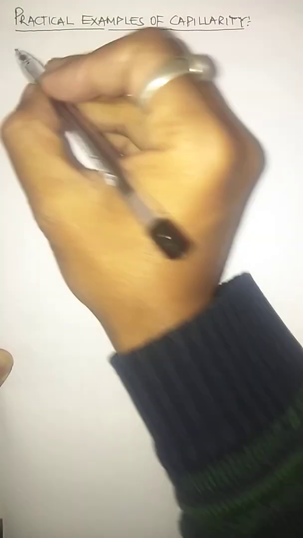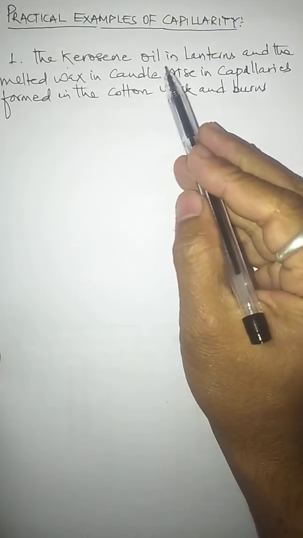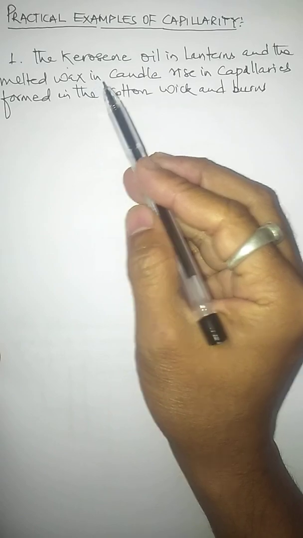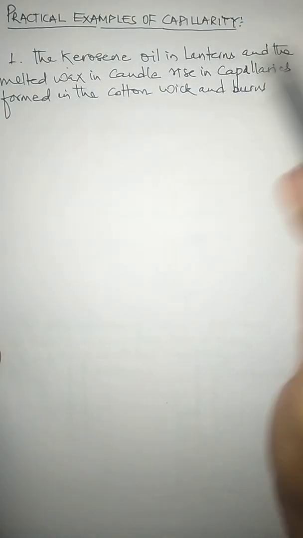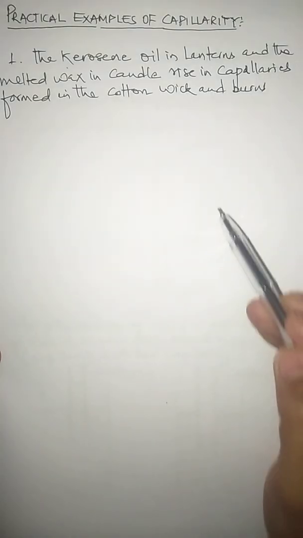Now in daily life we see several examples of these capillarities. So one of the examples, let me just add here, number one, is the kerosene oil in a lantern and even the melted wax that we see in a candle, rise in what? Capillaries, formed in the cotton wick, and it burns.